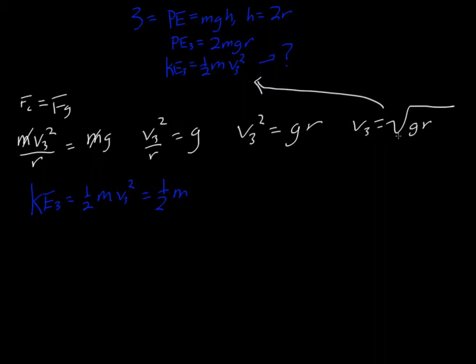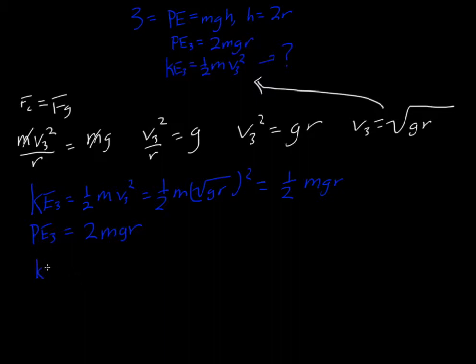We'll substitute in our square root of gr for velocity at point 3, square root of gr squared, which is going to be equal to 1/2 mgr. Remember, our potential energy at point 3 is going to be equal to 2 times the mass times the gravity times the radius.